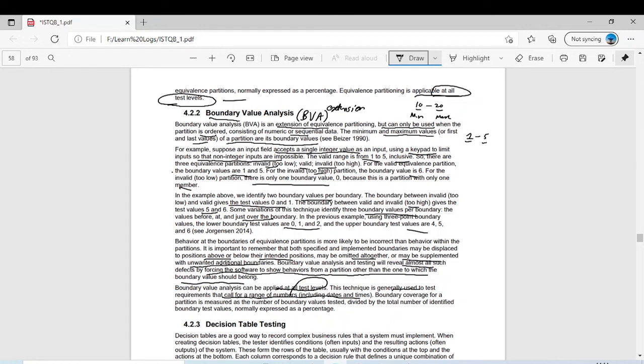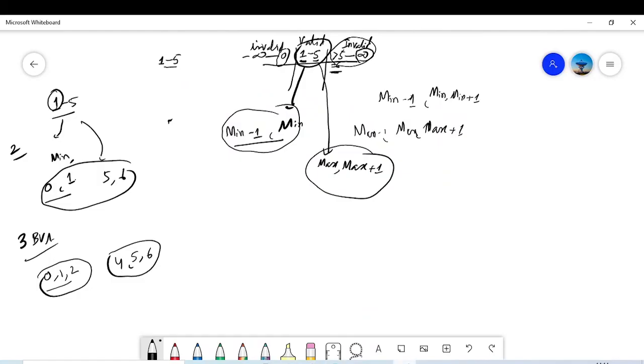Boundary coverage for a partition is measured as the number of boundary values tested divided by the total number of identified boundary test values, normally expressed as a percentage. You see, it's a simple formula. For example, in this particular example, we have 0 and 1, 5 and 6.